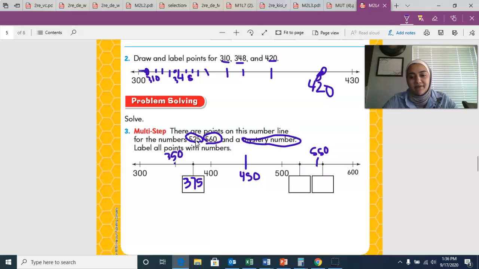Is 525 smaller than 550? It is. 525 is smaller than 550. Okay. Is 560 bigger than 550? It is. Is it smaller than 600? It is. So this number would be 560.